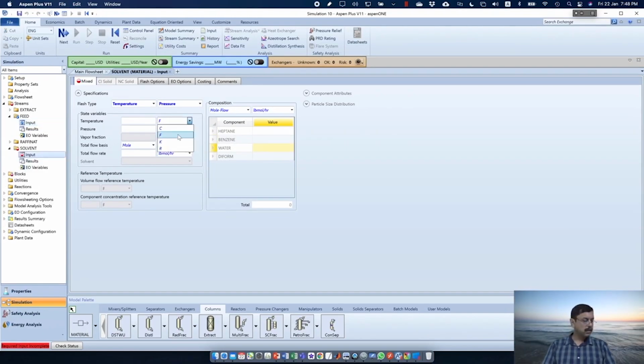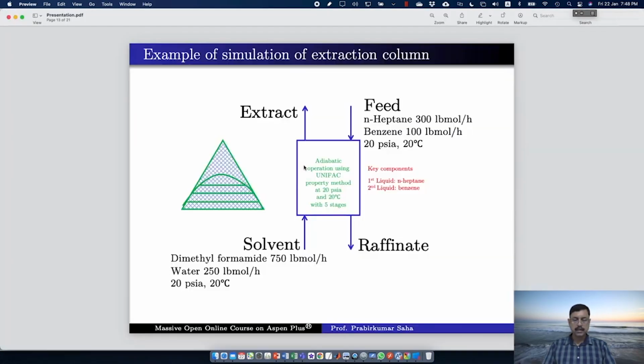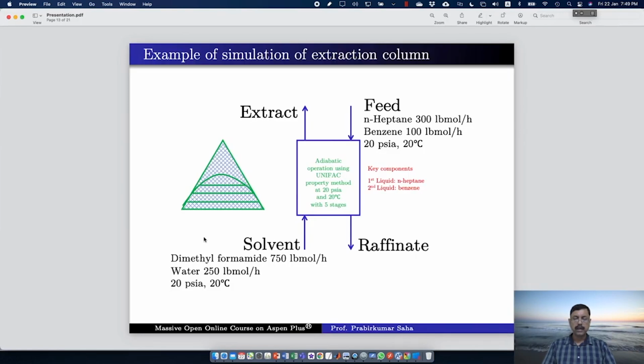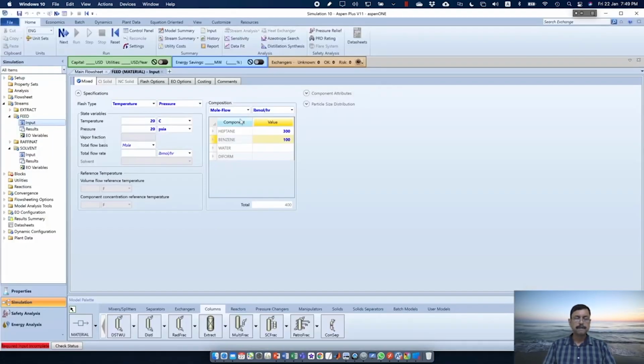Next, it is 20 degrees centigrade, 20 psi, solvent dimethyl formamide 750 and water 250. Now we will use the UNIFAC method. Press next.